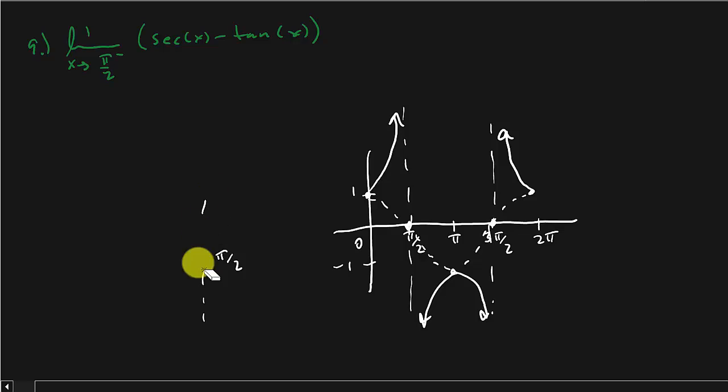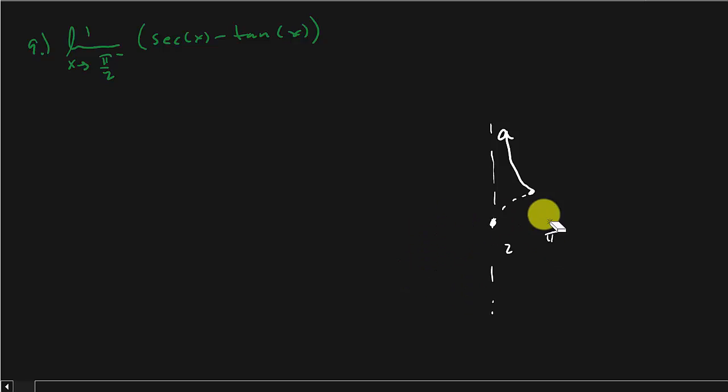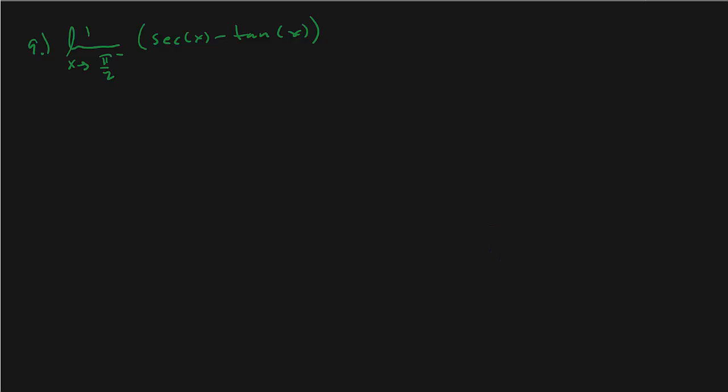So what do we do here? Well, what did you do in trig when you were simplifying trig identities? Most of the time you would just rewrite everything in terms of sine and cosine, right? Let's try that.